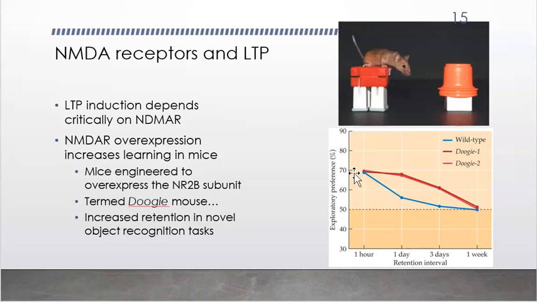However, in our Doogie mice, our exploratory preferences stay pretty high. They stay at about 70 for a whole day and then drop to 60 before at a week they go down to about 50%.